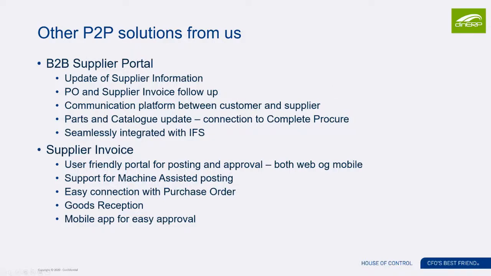There is a built-in communication platform between customer and supplier. Parts and catalogs can be updated directly from the B2B supplier portal and connect directly to Complete Procure. And of course, it's seamlessly integrated with IFS.